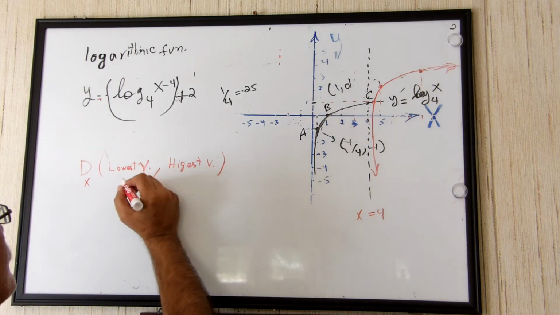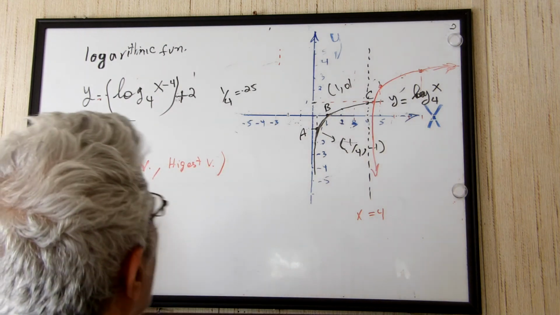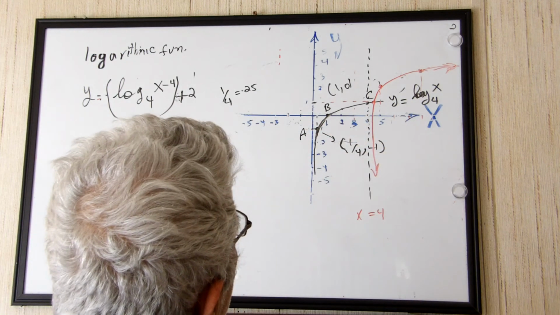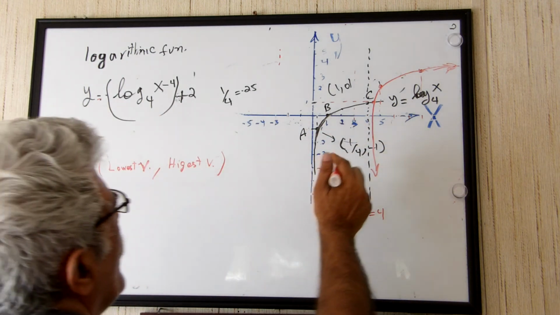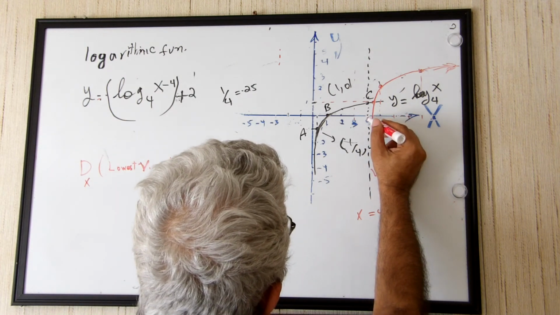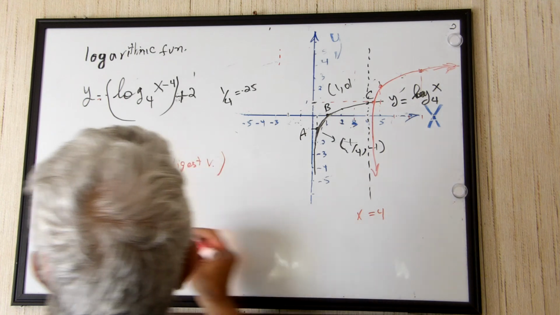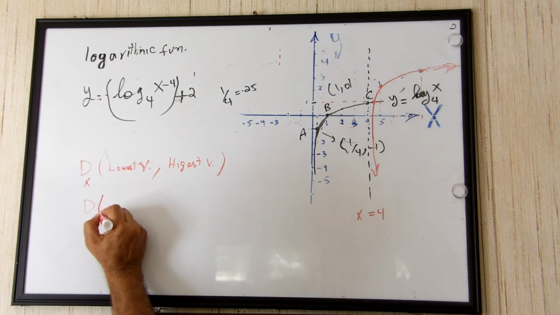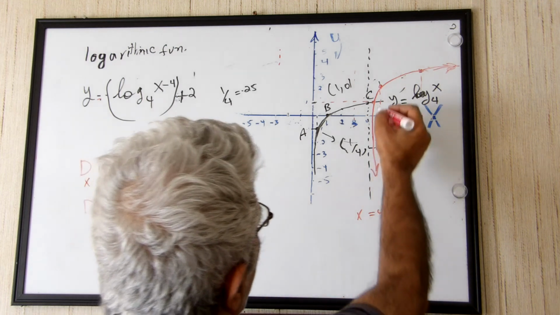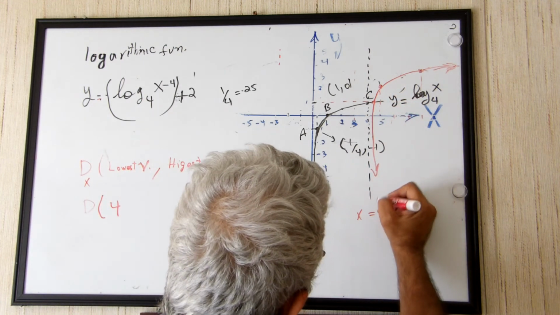What is the domain of x in the x axis? The lowest value starts from here, which is x is equal to 4. So we say domain is 4, not included 4, because it's just getting approach to 0.